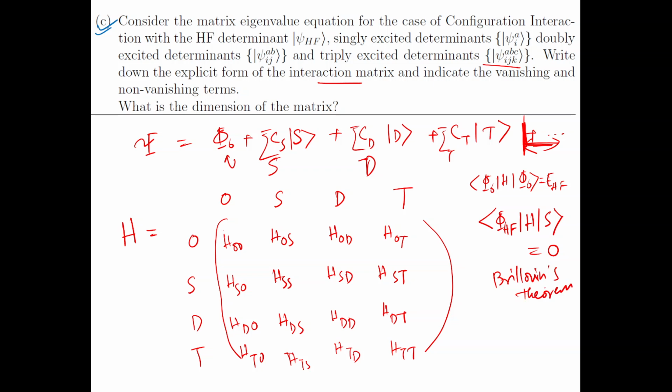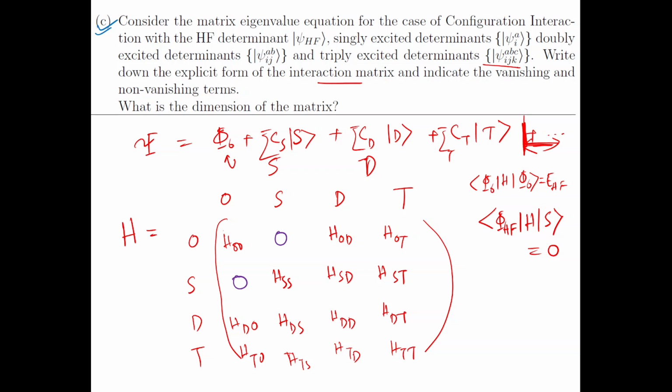I think in the lecture it has already been proven how it comes out to be zero, because the virtual space and the occupied space are orthonormal, and you can prove it very easily that when this is the phi Hartree-Fock, these HS matrix elements are actually zero, right? If you have any problem, we can prove it. There is no problem, but this is one piece of information. So this term and this term will be zero. So you have a zero and zero here.